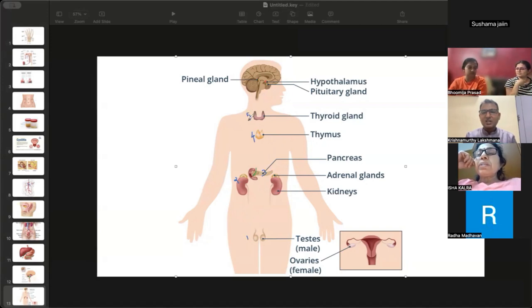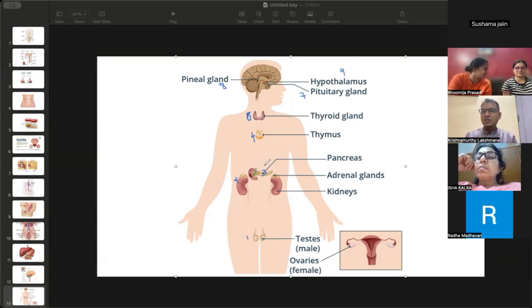Sir, 5 is parathyroid. Parathyroid is not shown here, so this is 6 and parathyroid is 5. Then pituitary is 7, and pineal is 8. And hypothalamus is 9.